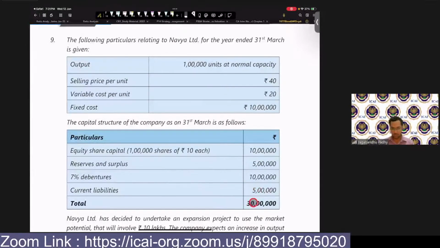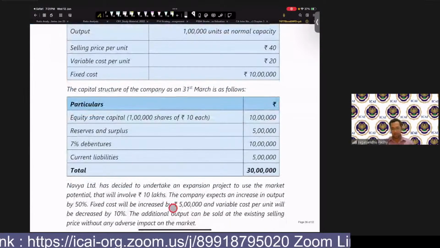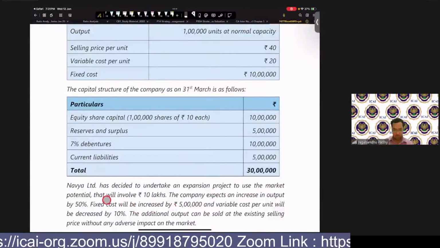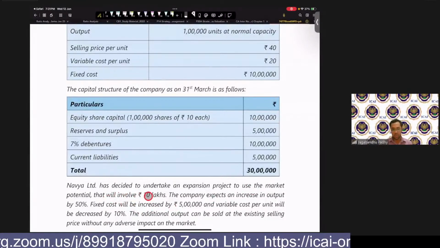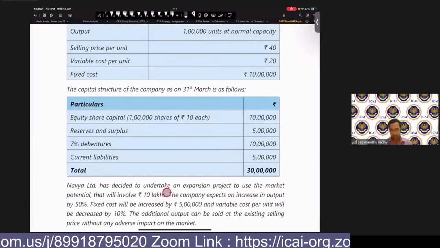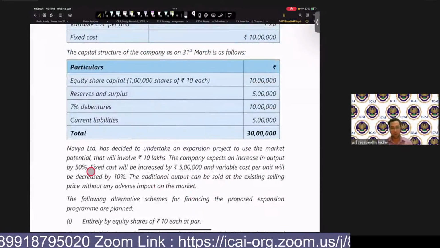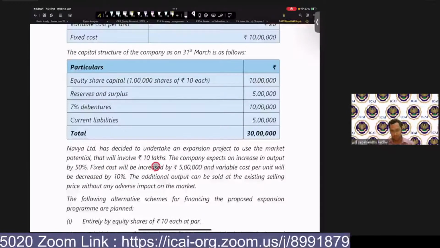Navya Limited has decided to undertake an expansion project, which will involve 10 lakhs. So it has decided to raise an additional 10 lakhs. The company expects an increase in output by 50%. Fixed cost will be increased by 5 lakhs.